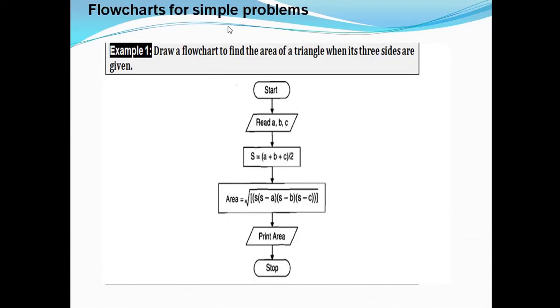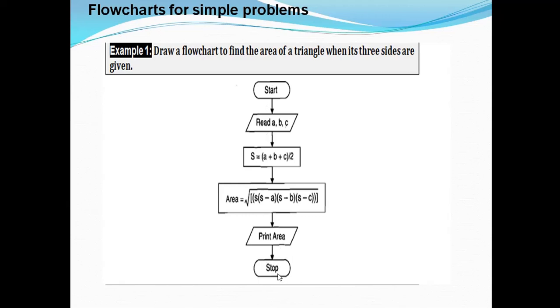Let us see one example here. In this flowchart, we are drawing the flowchart to find the area of a triangle, whenever the three sides are given. Here this is the start, this is the stop.